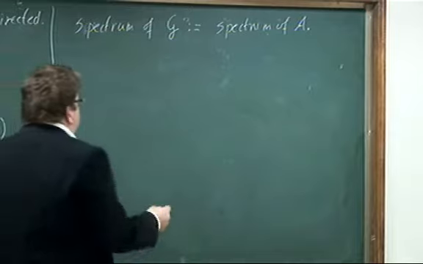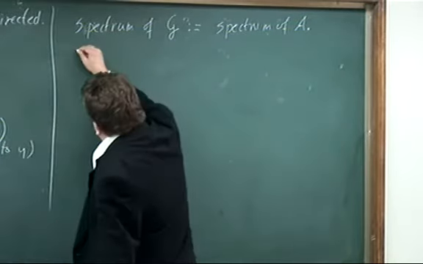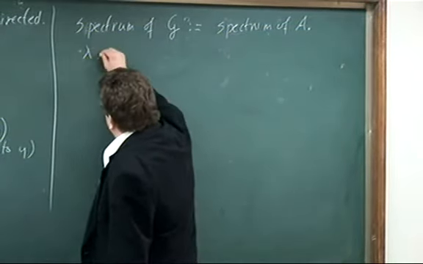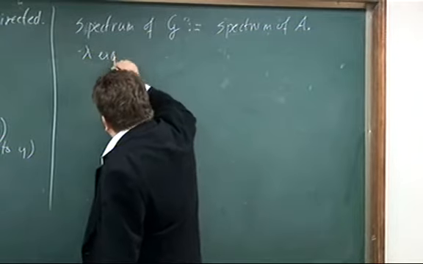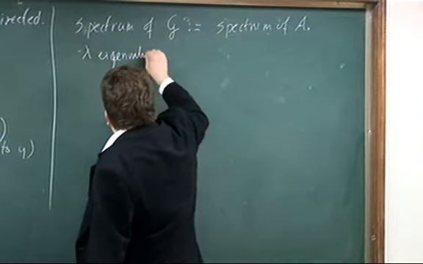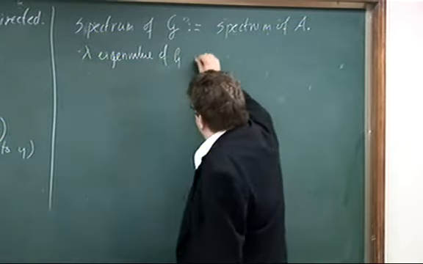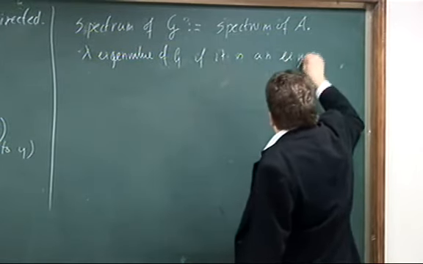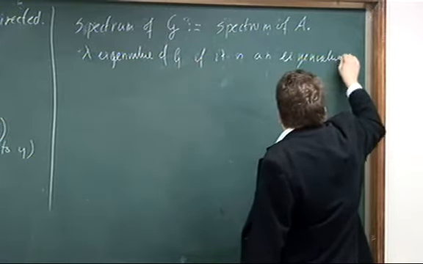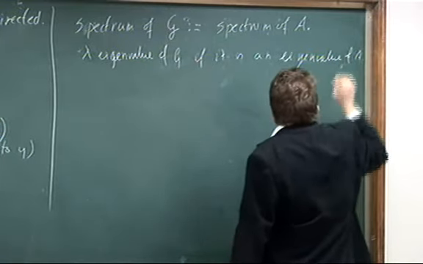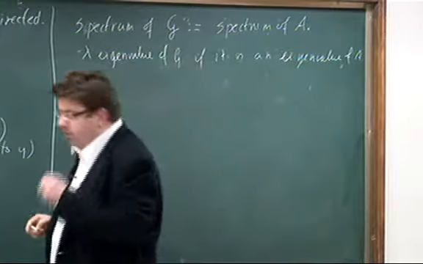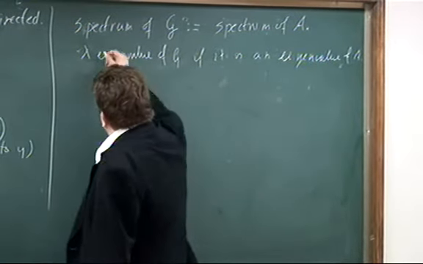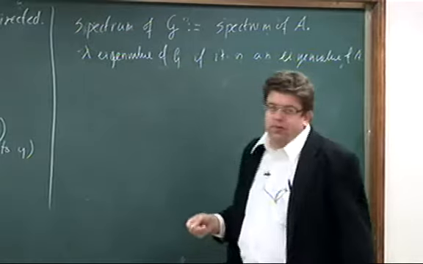And we say lambda is an eigenvalue of G if it is an eigenvalue of A. So the spectrum is the eigenvalues plus the multiplicity.